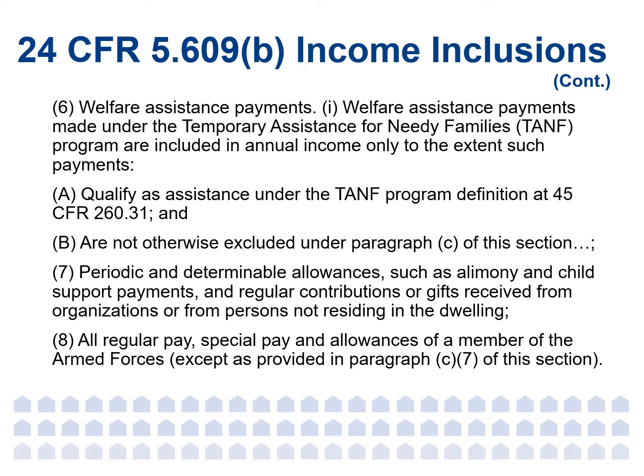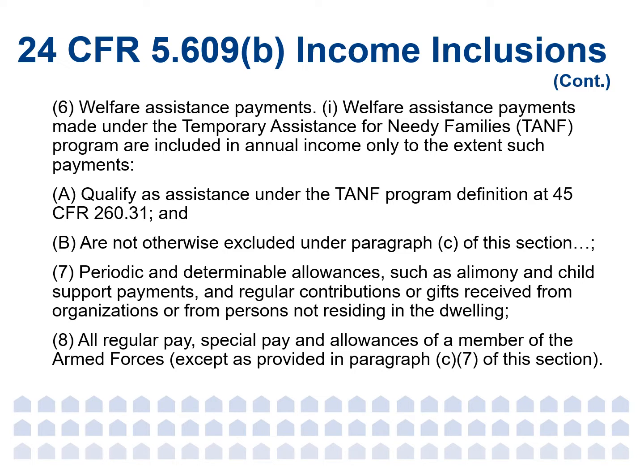Generally, the welfare assistance we see is pretty straightforward, but if a participant receives assistance under TANF and you are unsure whether it counts as income, you should consult 45 CFR 260.31.